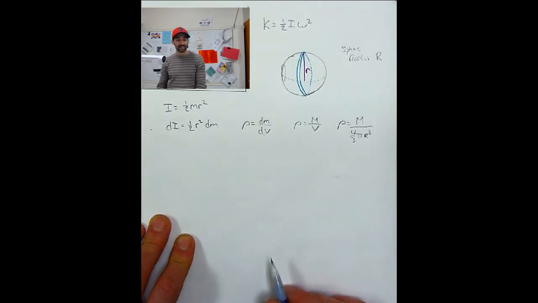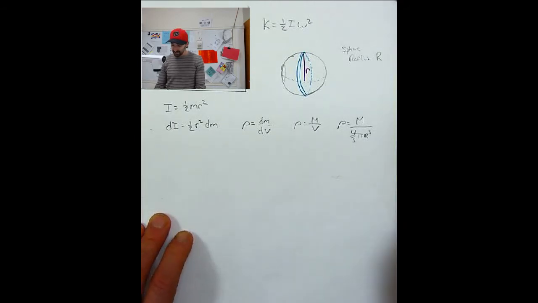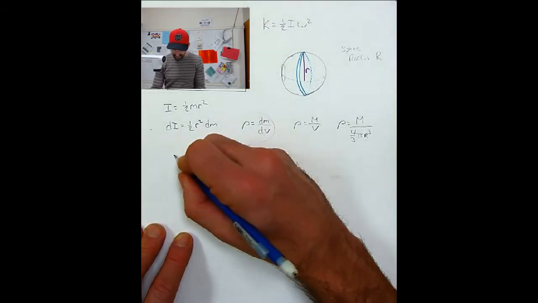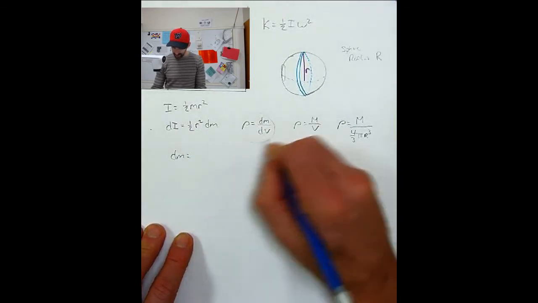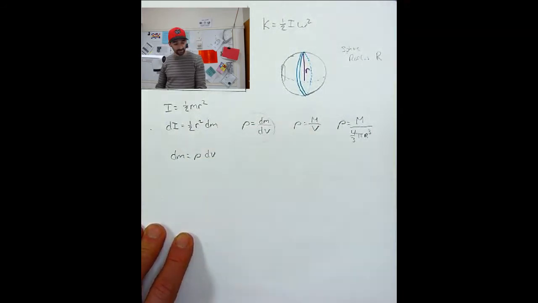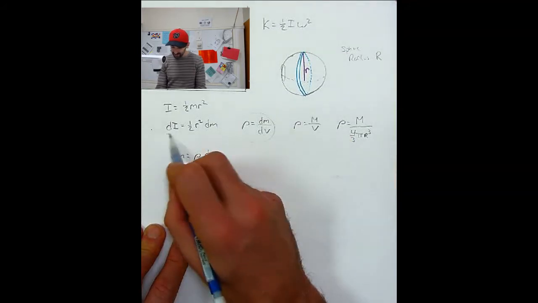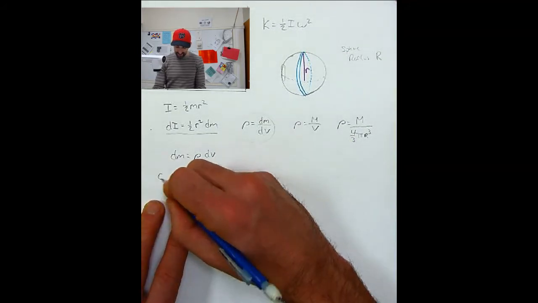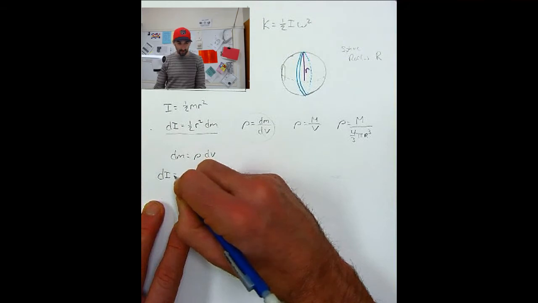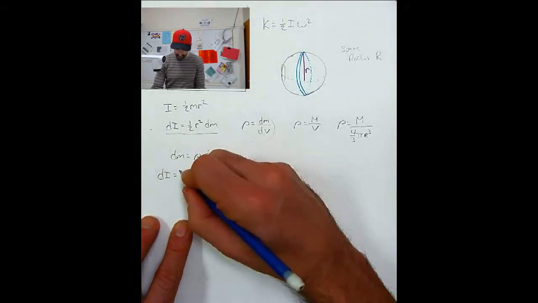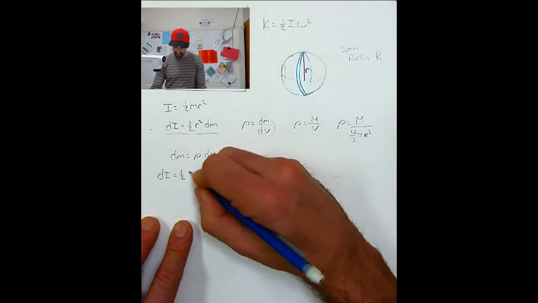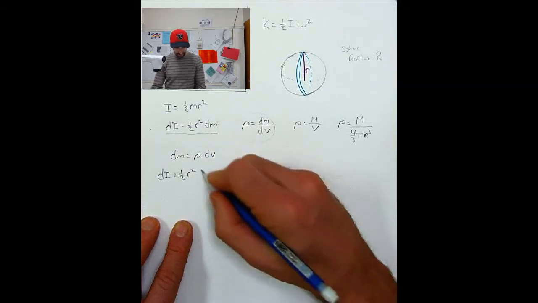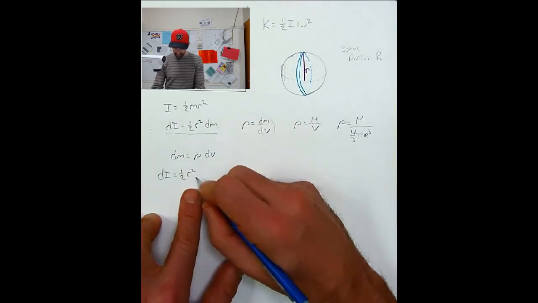That is the density of my entire sphere. Now looking at this relationship that I circled, rho is dm over dV, which means dm is equal to rho dV. So now I can substitute in here. My differential moment of inertia, dI, is equal to 1/2 r squared times rho dV.